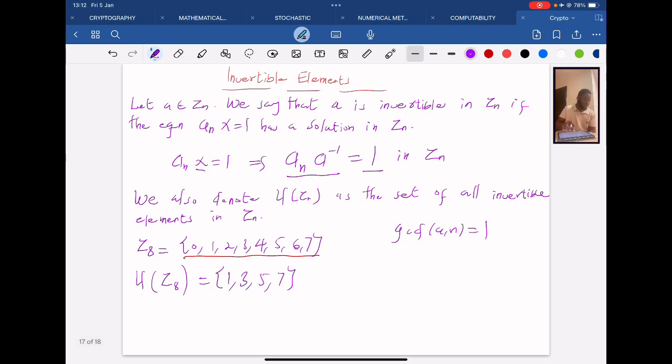Okay. Now let's move on to say, for instance, Z20. Z20 is from 0, 1, 2, up to 19.